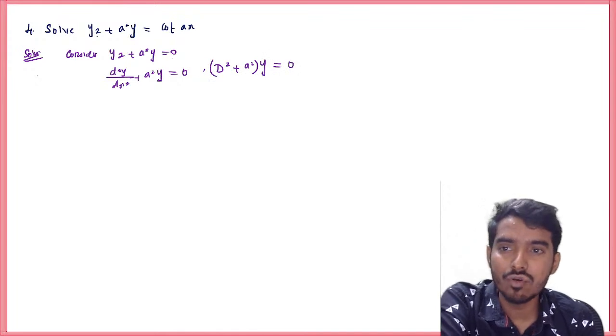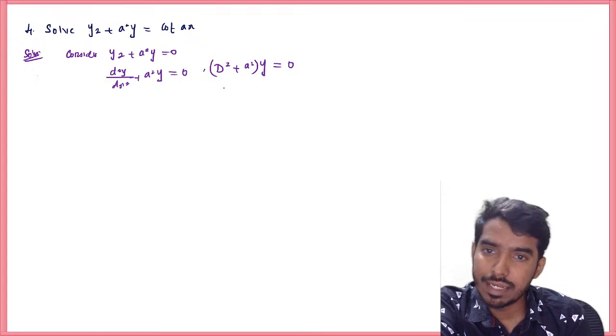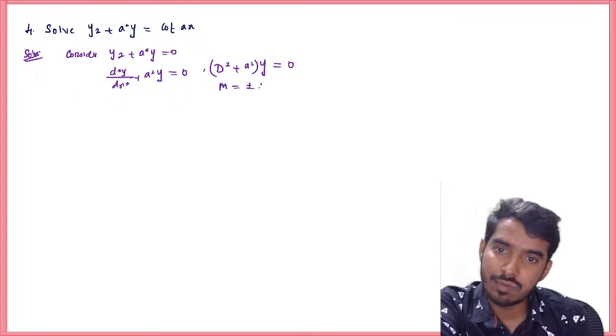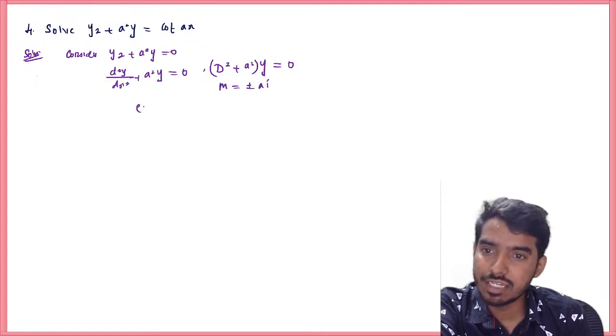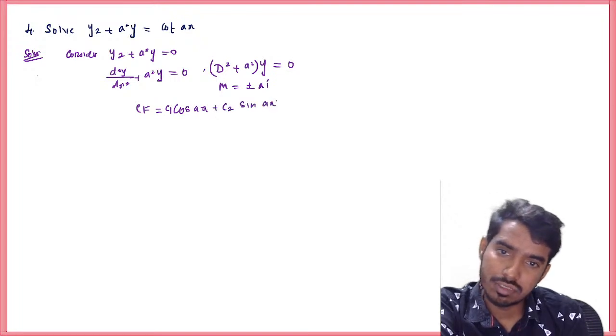See, from an exam point of view, this y2 can be d square by dx square, right? Or it can also be like capital D. All are alike only, right? Don't get confused. Okay. Now, what is your auxiliary equation? It is plus or minus ia, the roots. So CF is C1 cos ax plus C2 sin ax.